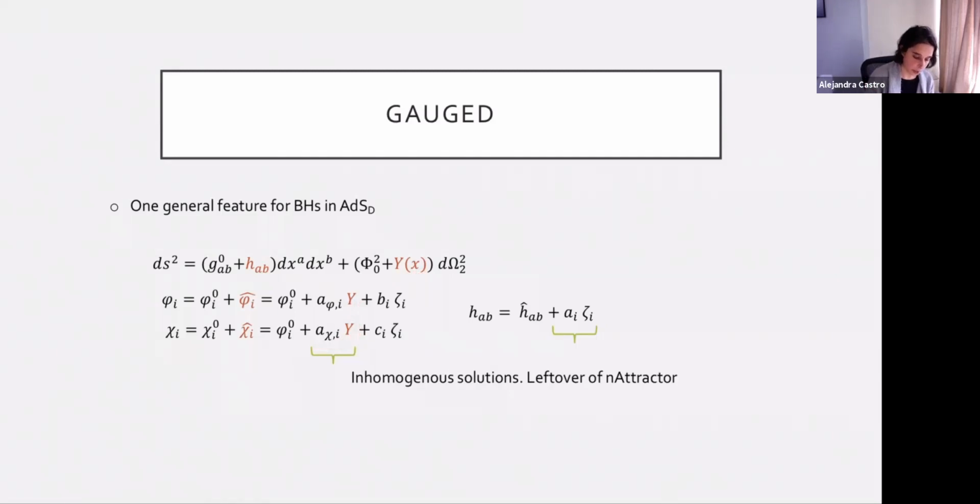In the ungauged case, you do not have this mixing between the fields. Okay, very good. So our degrees of freedom from the point of view of what the moduli is doing are contained in here. This is already accounted for by what we will call the JT sector.